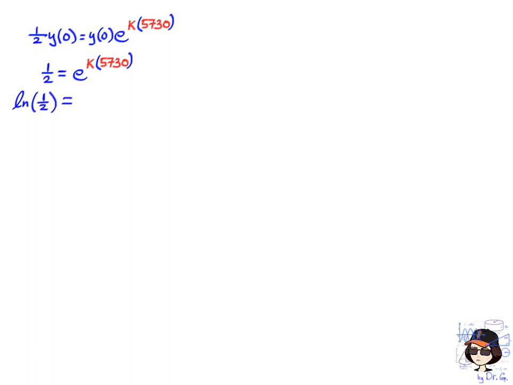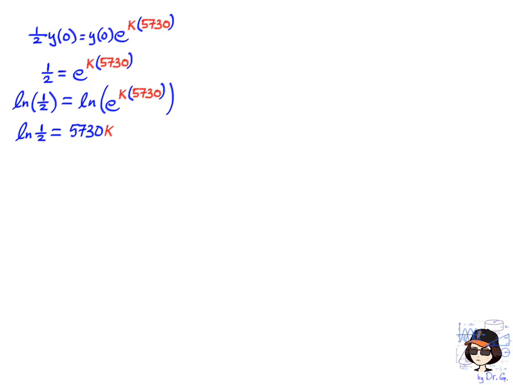So the natural log of 1/2 has to be equal to the natural log of e to the 5730 times k. So the left side is still natural log of 1/2, but the right side then is just 5730 times k, because the natural log of e to the x is just x.